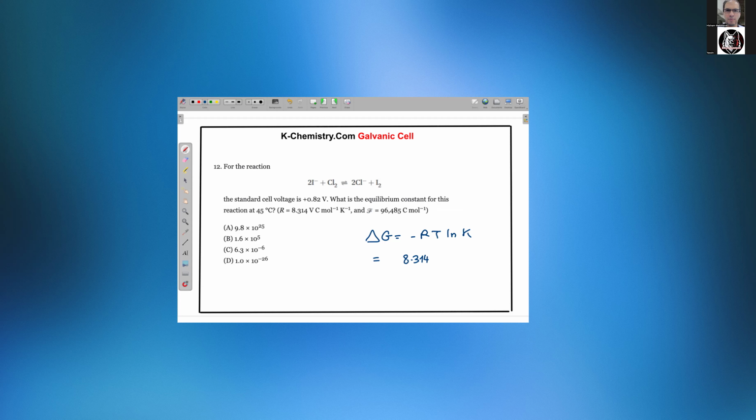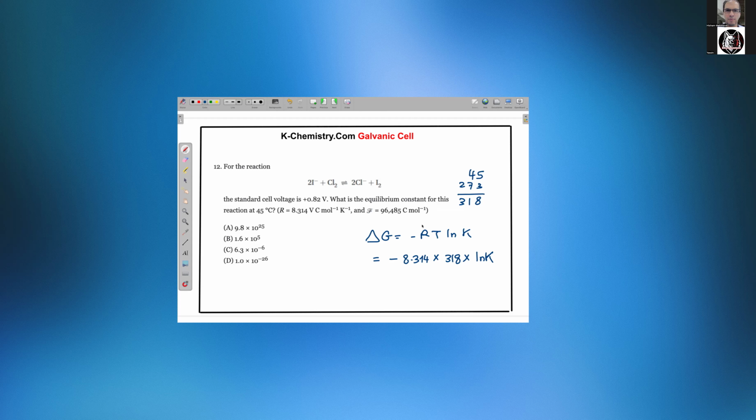And what is T? 45 plus 273, which is 318. And what is the ln of K? We need to find the ln of K, and we have the delta G. No, we don't have the delta G, we have the standard cell voltage only.